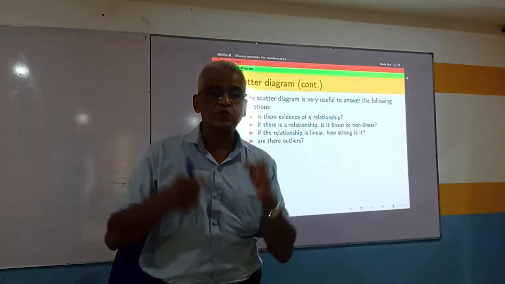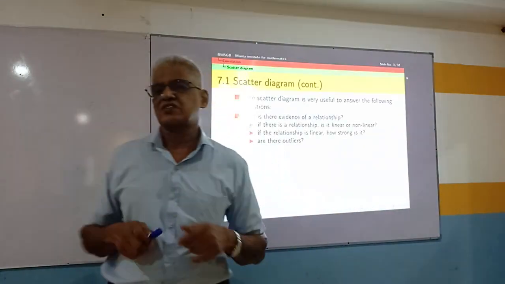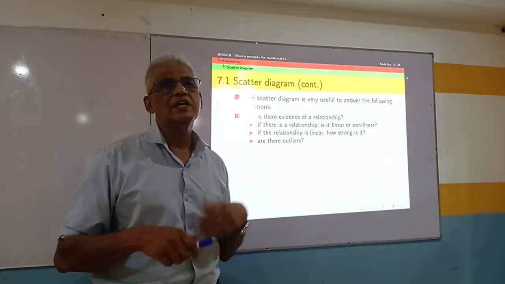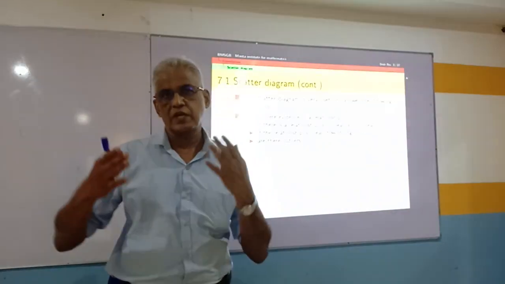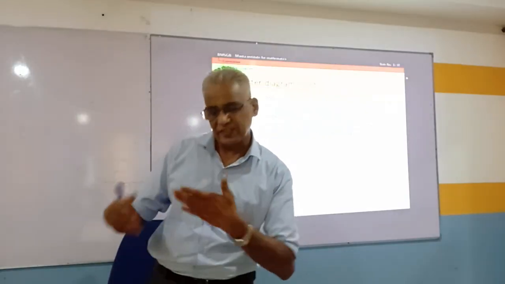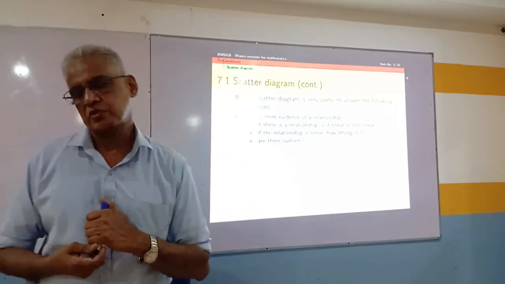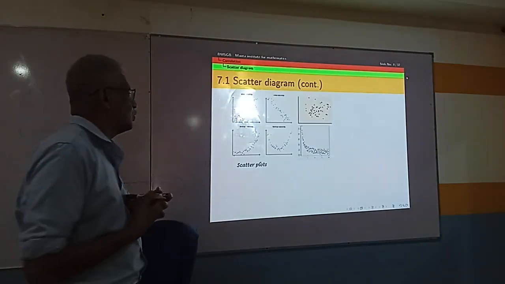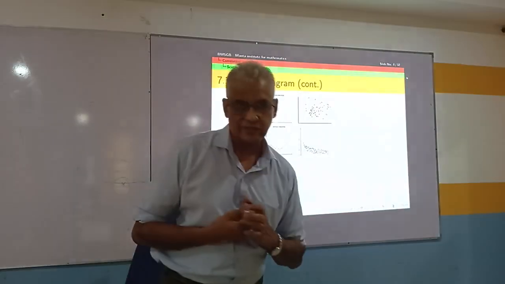What is the strength of the relationship? Are there outliers? If there are outliers, do the outliers affect the relationship? Those kind of questions. So the best graph to look at is the scatter diagram.